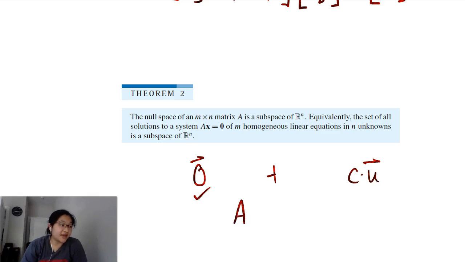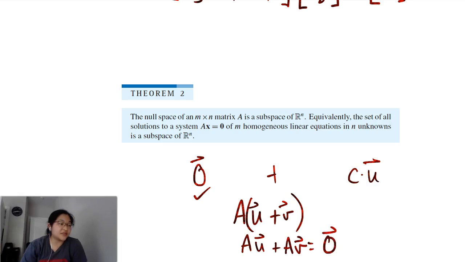If you had A of u plus v, is that going to be Au plus Av? Well, that's going to be our zero vector plus our zero vector, and so it's still going to work, so that's good. And then scalar multiplication, does that work?